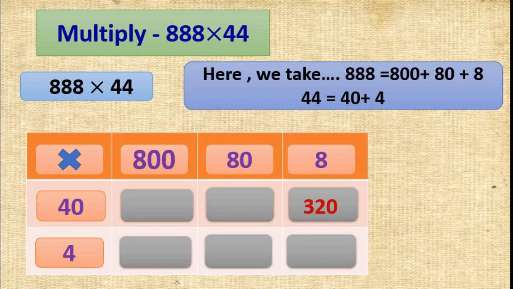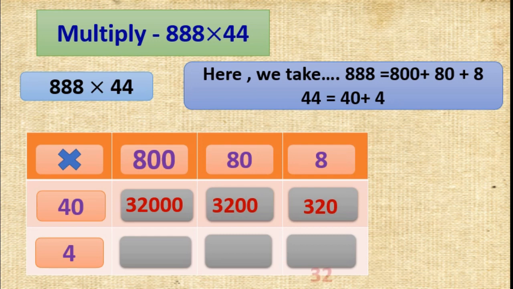Correct? Again 40 into 80 is there. So 4 8s are 32 and 2 zeros. Here 40 into 800 is there. So 4 8s are 32 and 3 zeros. Right? Got these, students?